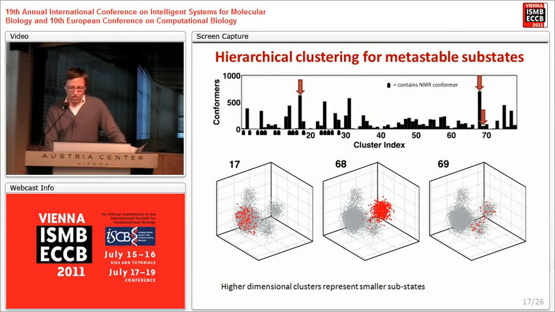And this is to illustrate that whereas say cluster 68 is actually very easily visualized in these low dimensional projections that we've seen with other methods, some other clusters, for example cluster 69 or cluster 17, will be very tricky to pick out in the low-dimensional space. And this plot is just an encouragement that whenever we're trying to analyze simulations, we shouldn't just look at the easiest visualizations of those simulations.